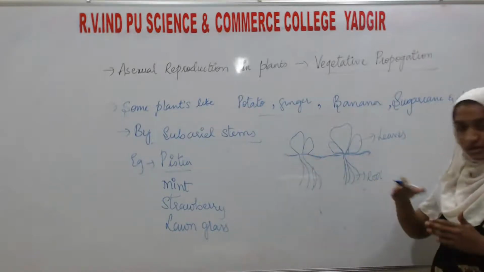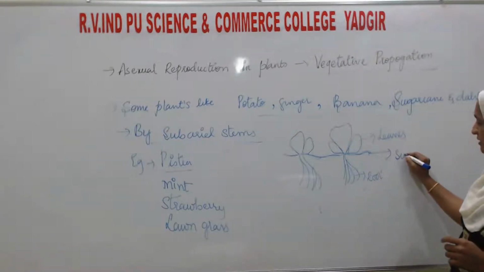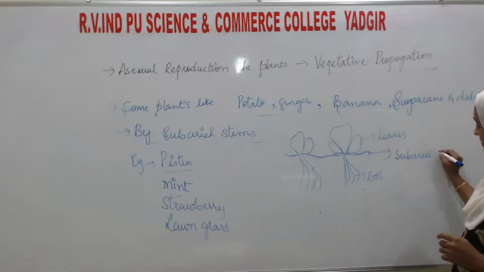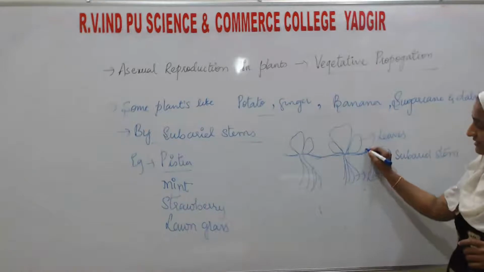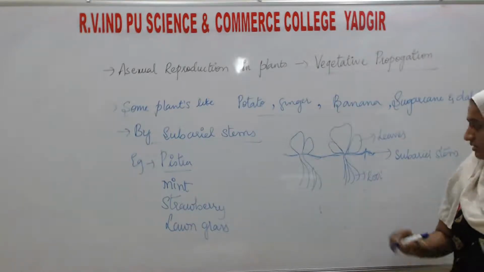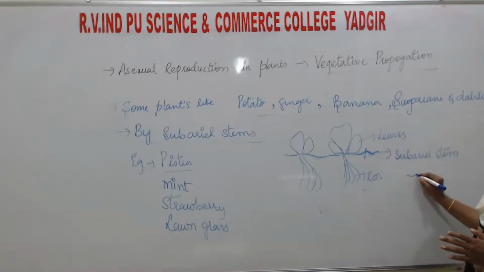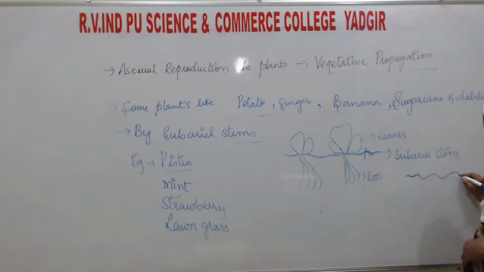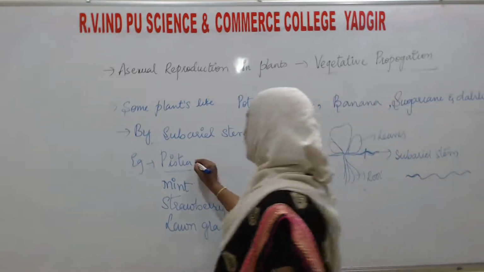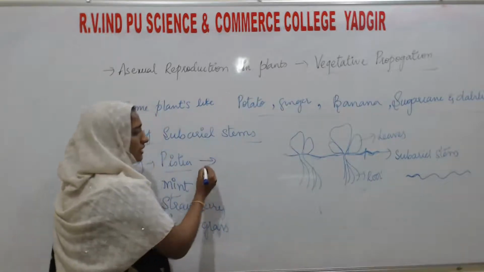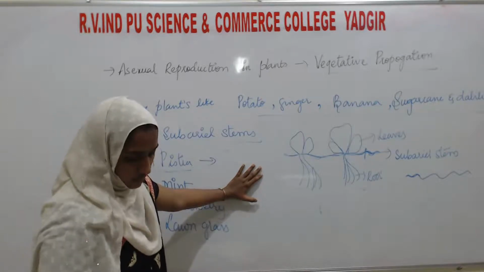Here, the stem is lying at the ground surface. This stem we can call the subaerial stem. A small part of the stem gets detached from the main body, and from here a new parent body is going to form. So this is taking place in pistia. In pistia, what is that subaerial stem which is involved in the vegetative propagation? It is an offset.